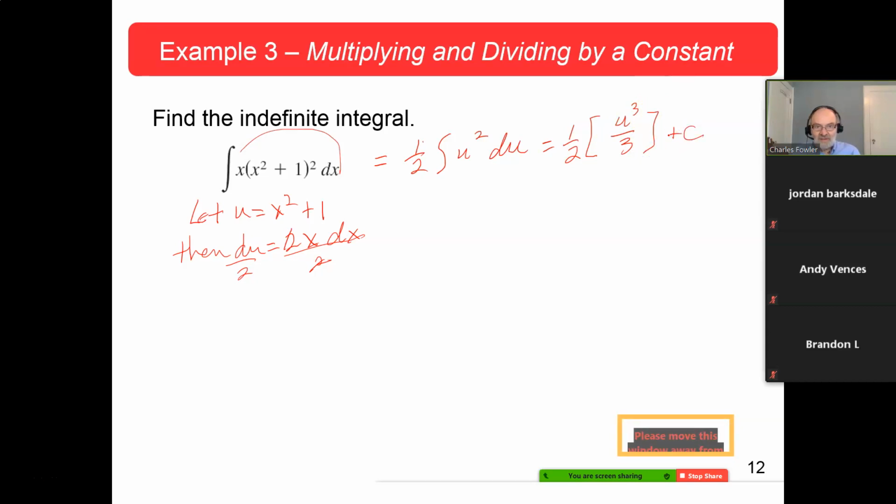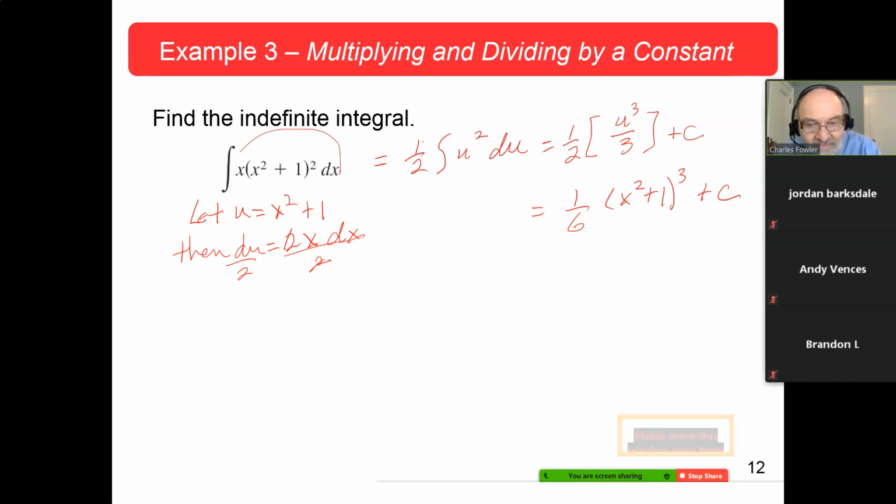So here, let's pull the 2's and the 3's out. That would be 1/6 u cubed, u is x squared plus 1. So that would be 1/6 times x squared plus 1 cubed plus c. All right. I think that's what the answer is.